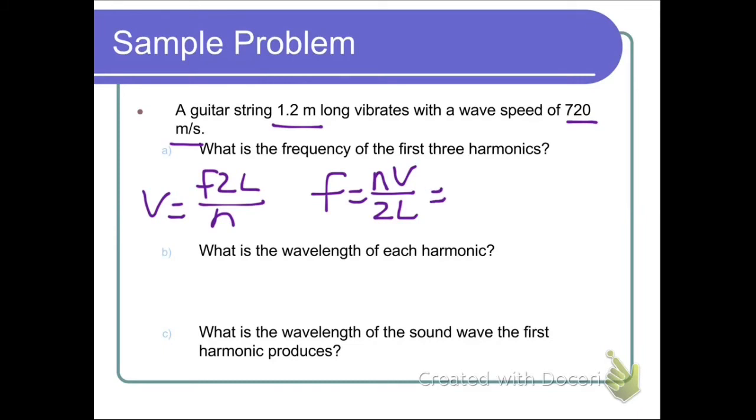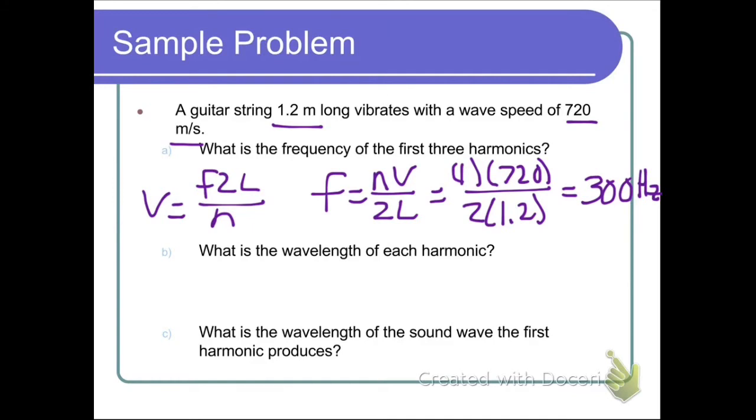So our first harmonic then would be 1 multiplied by 720 divided by 2 times 1.2. Let me get my calculator out, so it'd be 720 divided by 2.4 gives us 300 hertz.